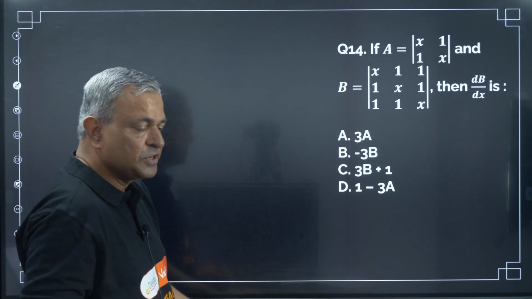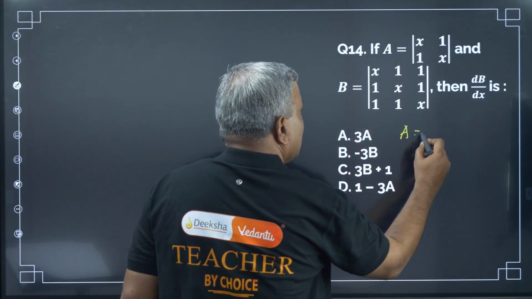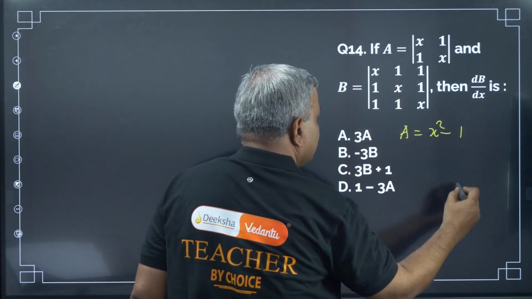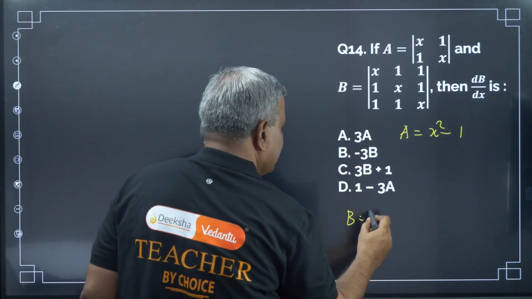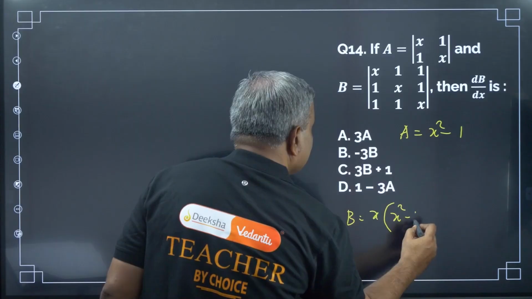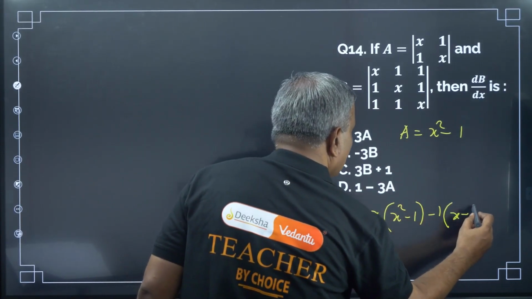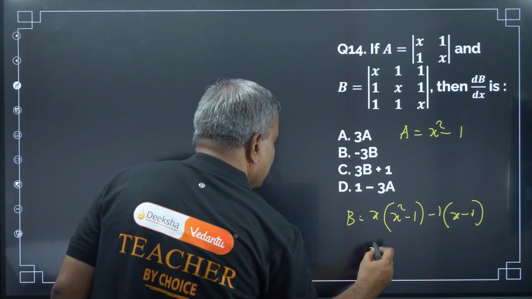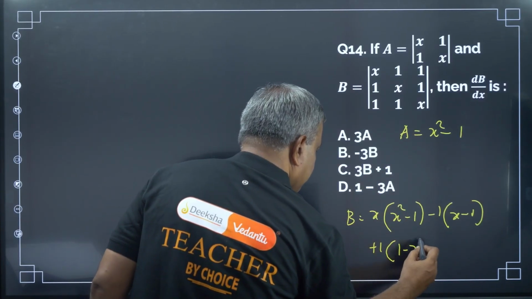Question 14 is simple again. Okay, what is A? A is equal to x square minus 1, and what is B? So B is equal to, if you evaluate it, x into x square minus 1 into x minus 1, and similarly the last one, 1 into 1 minus x.